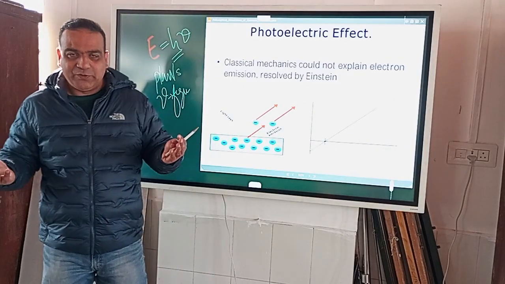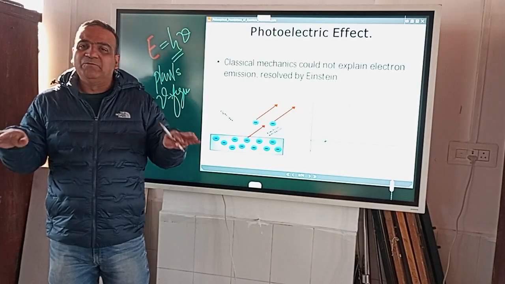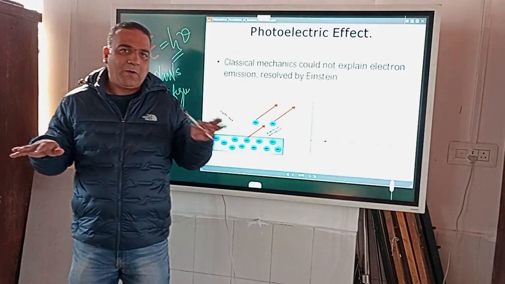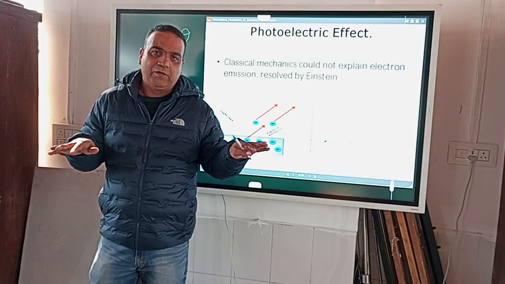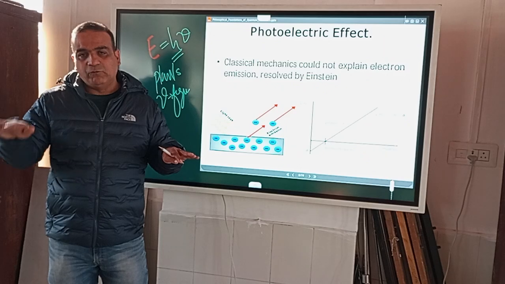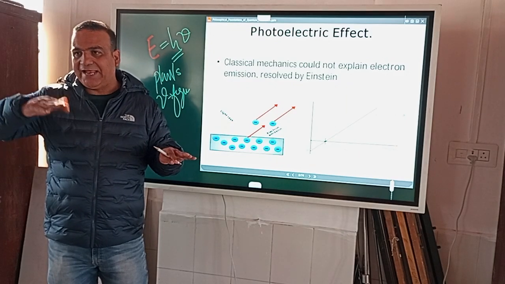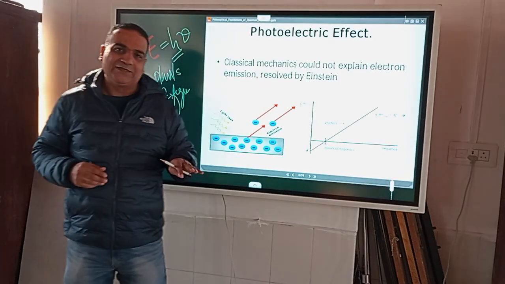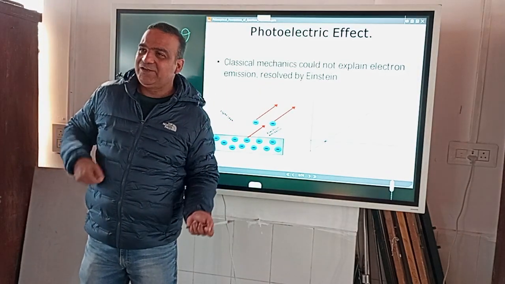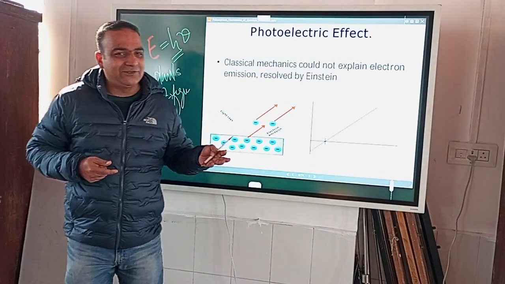Because as I said previously, there are two different frameworks working in classical physics. One framework is for the particle nature of particles, and the other is for the wave nature, such as the waves we produce in water, what we call water waves, and the sound waves we produce when we have a guitar in our hands and go on banging that guitar.